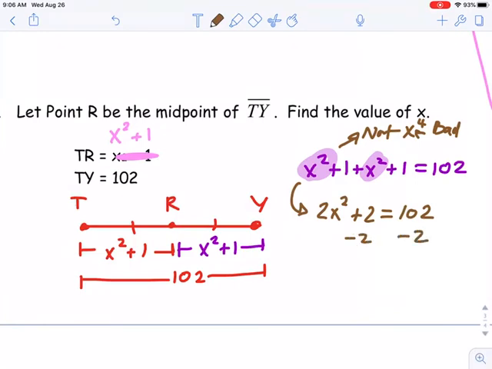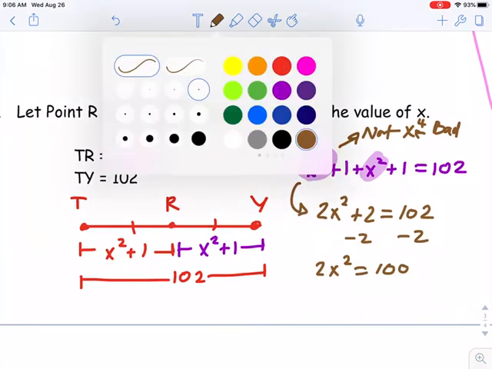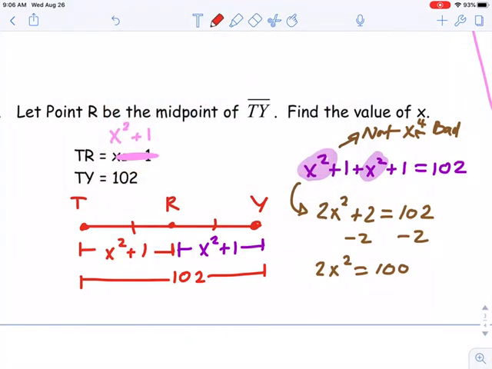Then remember, we subtract 2 from both sides. So we're remembering how to solve for x. Because then students get confused. Do I divide by 2 from here, or do I do the square root? Well, when we solve for x, it's reverse order of operations. So I'm going to save exponents for last. I'm going to get x squared equals 50. Take the square root of both sides, and then x equals the square root of 50.